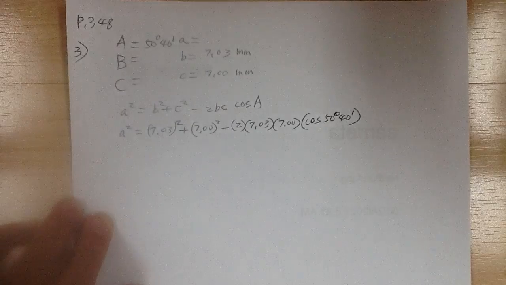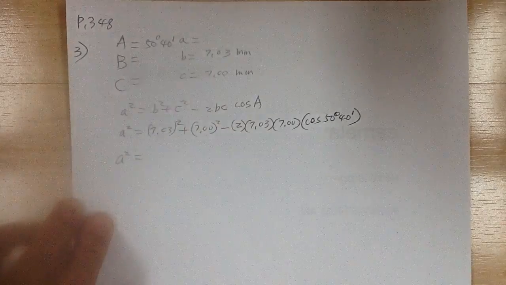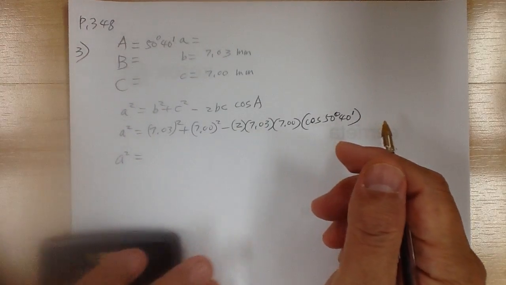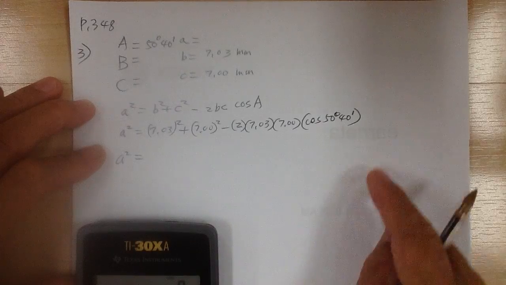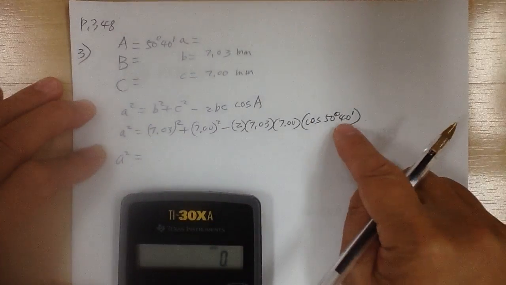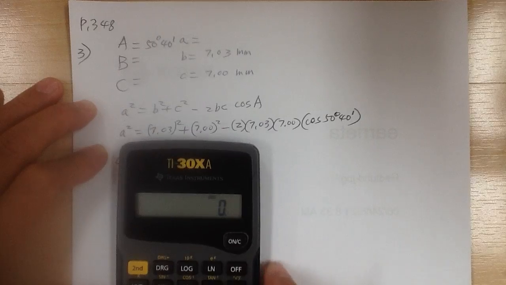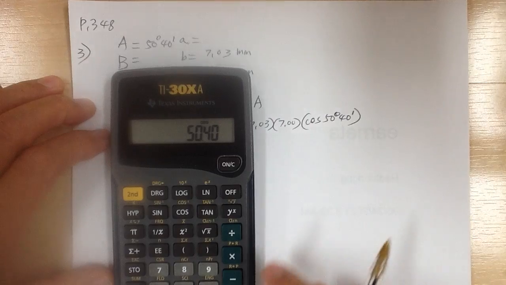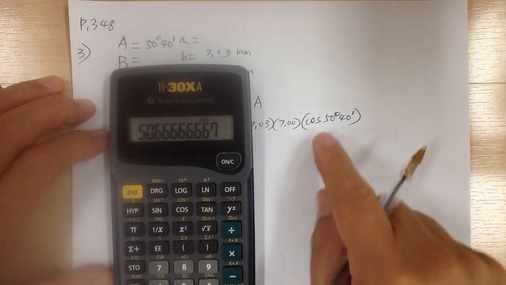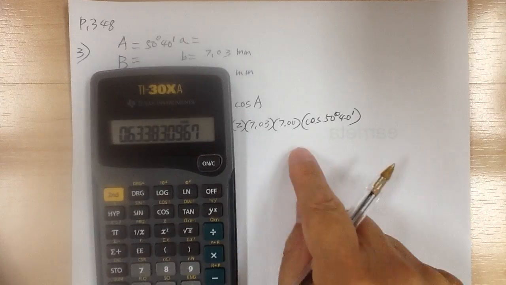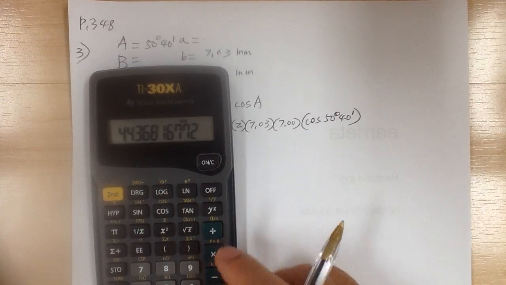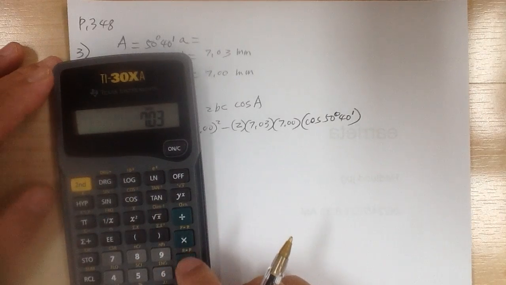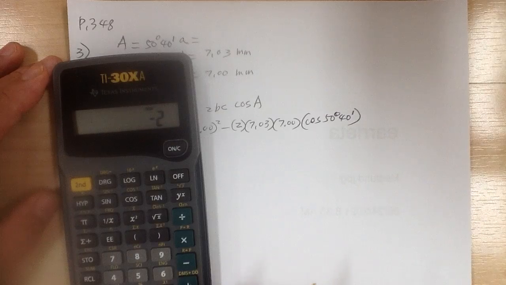I'm going to work backward because of the way my calculator is. So I start with 50.40 converted to decimal degrees, take the cosine of that, times 7, times 7.03, times 2, negative.